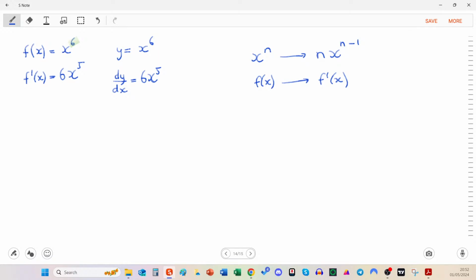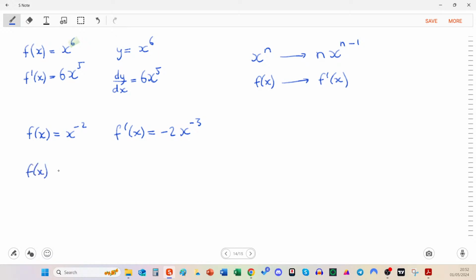This works with a number of them. Let's say we had f of x equals x to the negative 2, then f dashed of x equals negative 2, because that comes down the front, and we take away another one from the index and it becomes negative 3. Very simple.